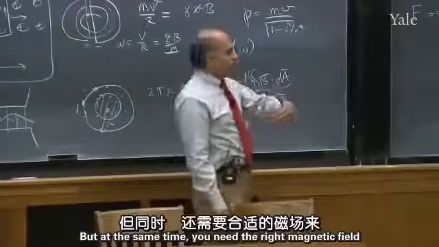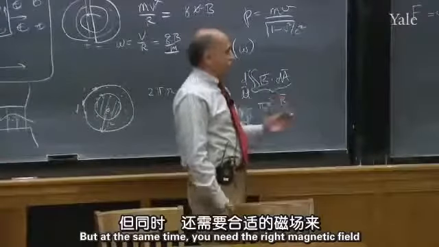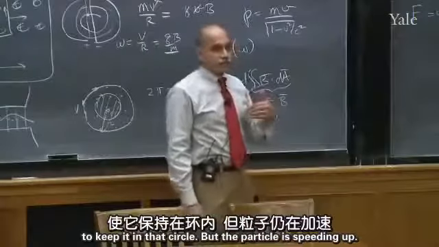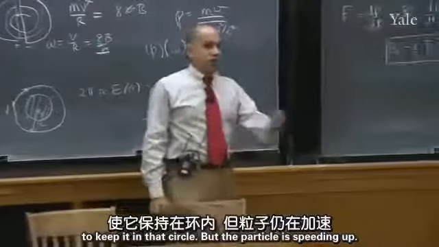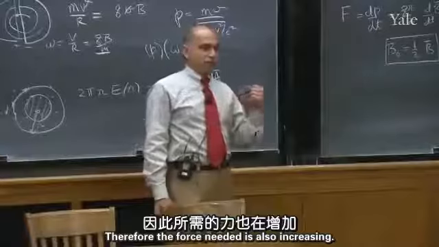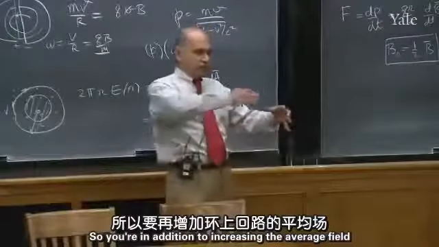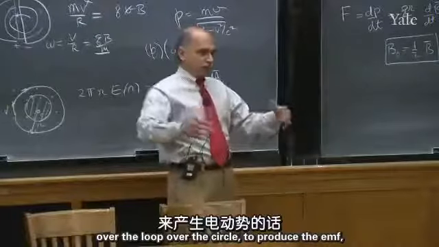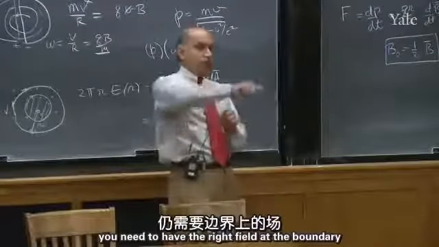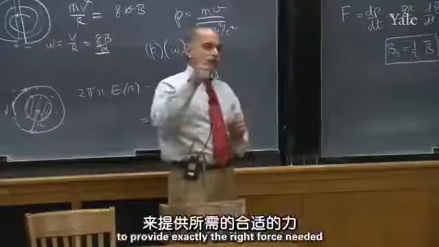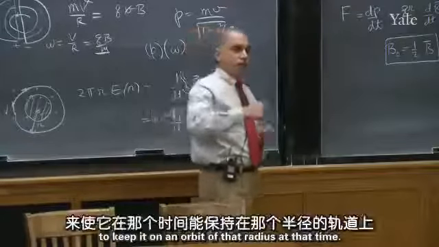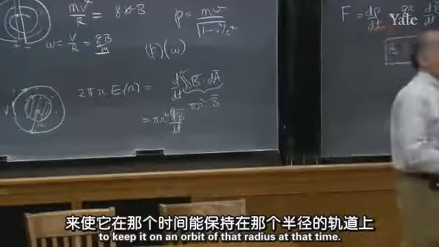But at the same time, you need the right magnetic field to keep it in that circle. But the particle is speeding up. Therefore, the force needed is also increasing. So in addition to increasing the average field over the loop, over the circle, to produce the EMF, you need to have the right field at the boundary to provide exactly the right force needed to keep it on an orbit of that radius at that time.